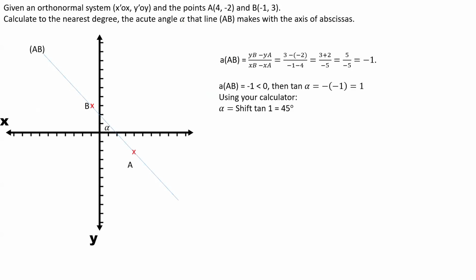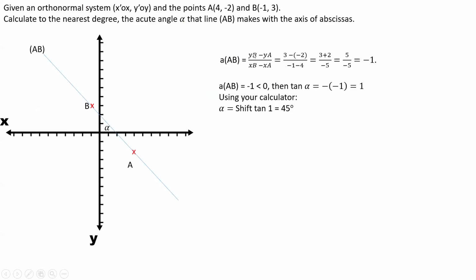Now, suppose you are given two points A and B, and you should calculate to the nearest degree the acute angle alpha that the line AB makes with the x-axis. I draw line AB. Of course, A and B are on the line. So here I don't have the equation of the line. It's enough to find the slope, because what I need is the slope of the line. So we use the rule of the slope in the orthonormal system.